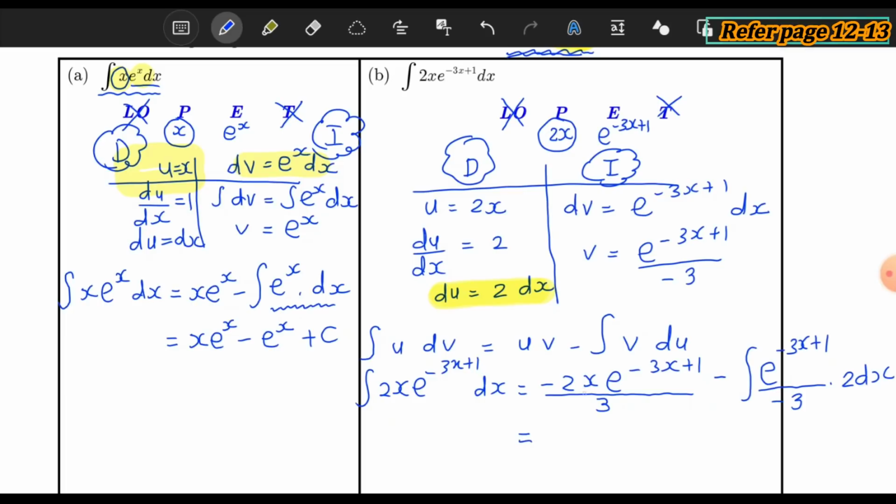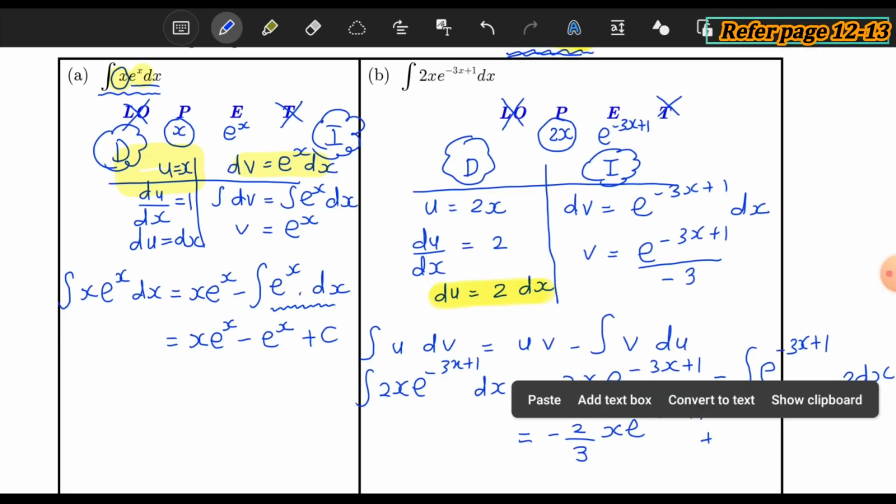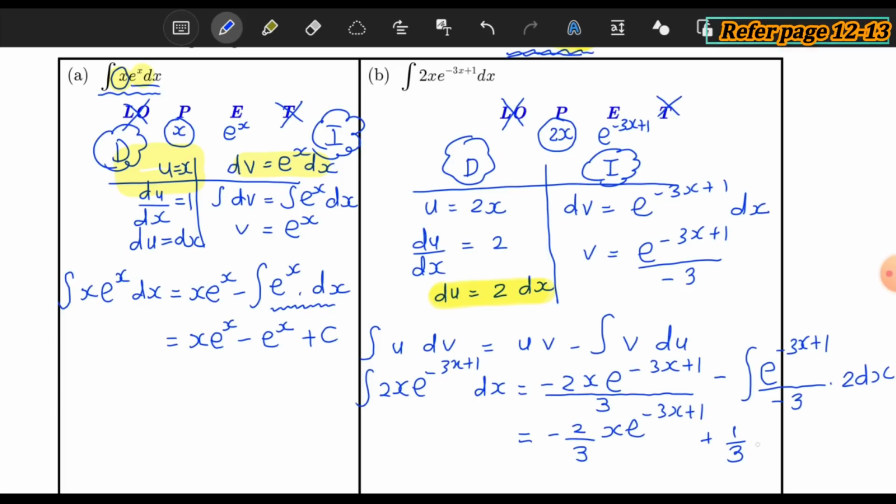Then we need to simplify first. We have negative 2 over 3x exponent negative 3x plus 1. Then plus 1 over 3, the constant.